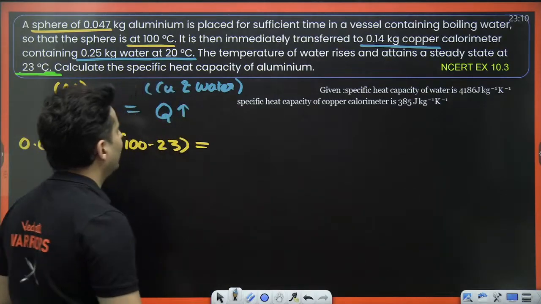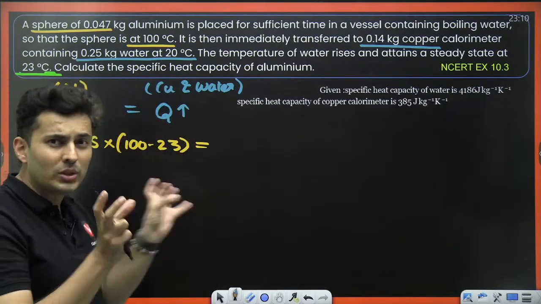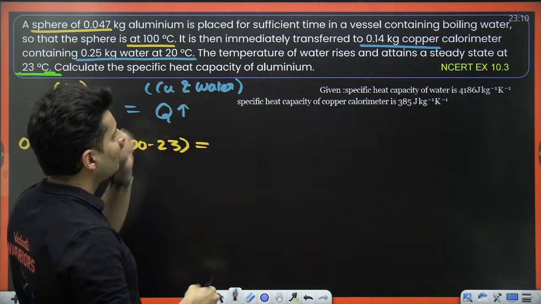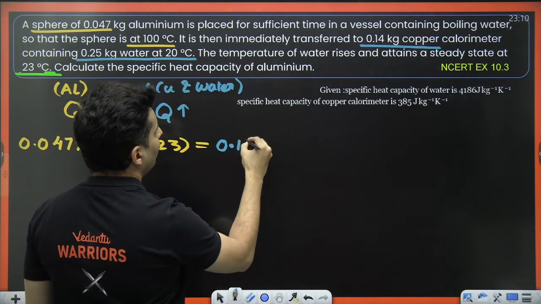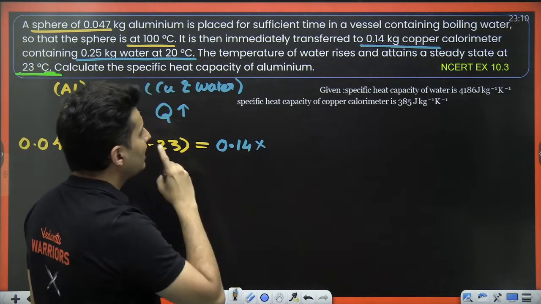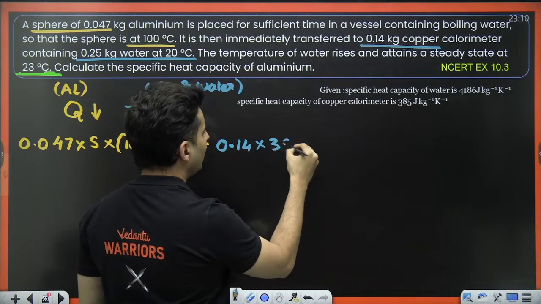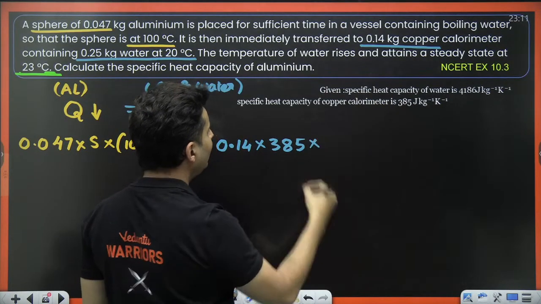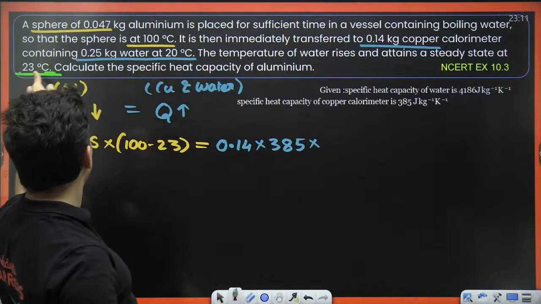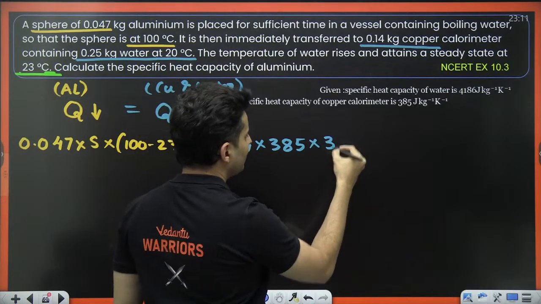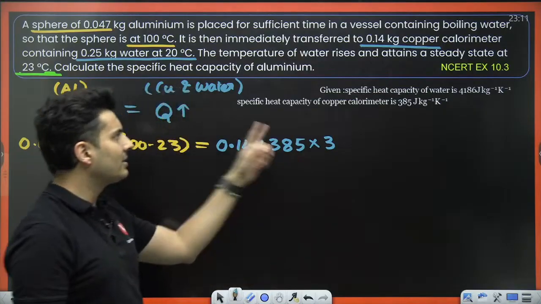Do you know what will come on the right hand side? 2 terms, because 2 things are there, copper and water. For the copper, it will be 0.14 into specific heat capacity of copper, 385, into delta T. From 20 it went to 23. That means it is 3, correct? 3 degrees change.